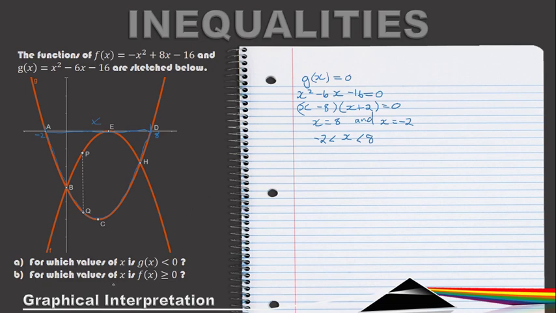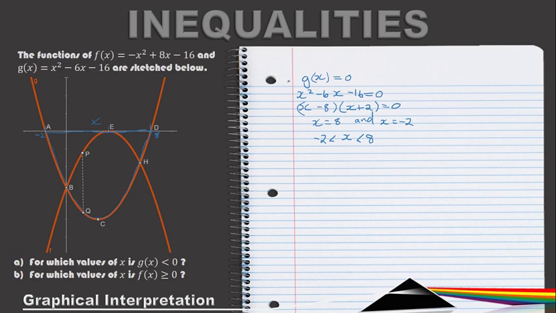All right, and then for which values is f(x) greater than or equal to 0? So f(x) lies here. Now, as we can see, it's actually negative for all values except here, where it's equal to 0.